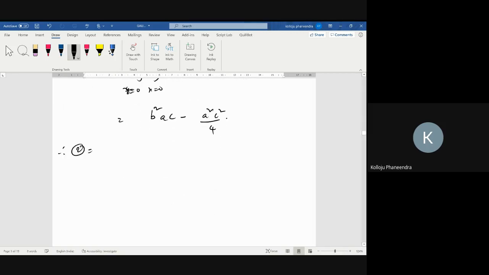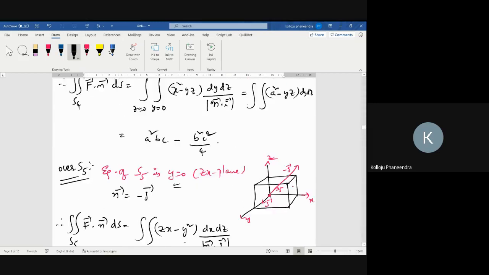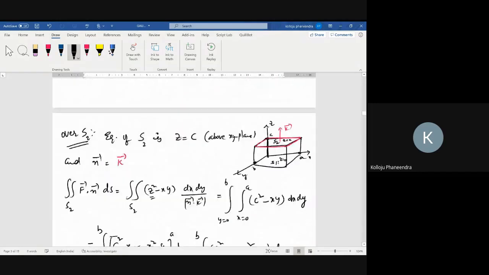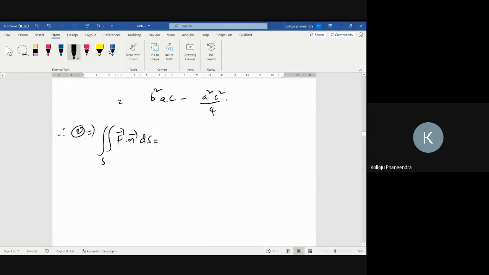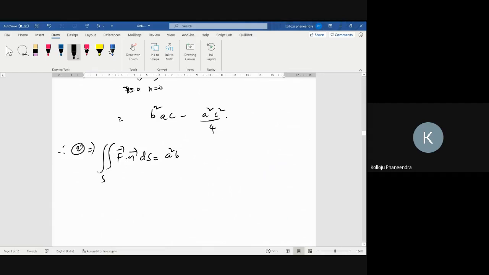Therefore equation 2 implies the double integral over S of f bar dot n bar dS equals, what is the first surface? A square b square by 4. The second one is what? I think c square ab minus a square b square by 4. Second one is over.